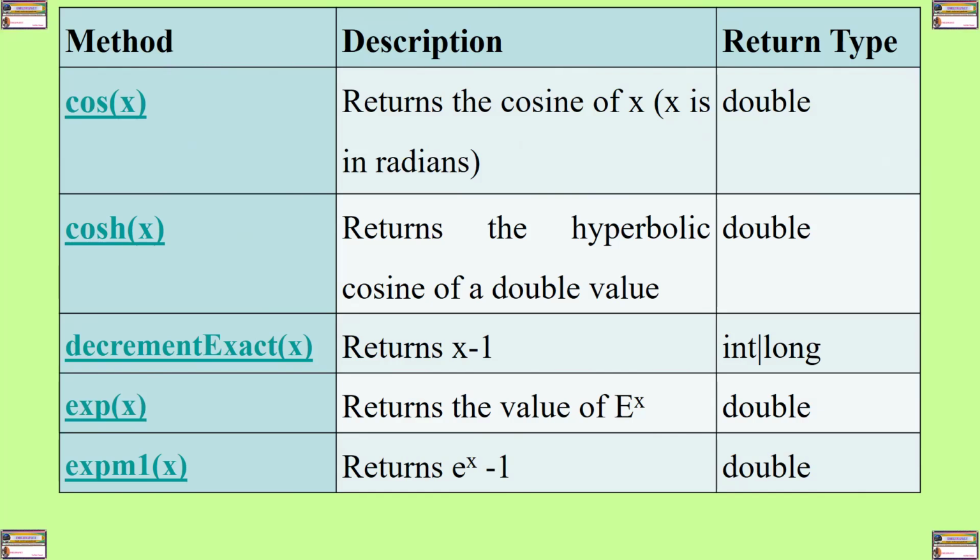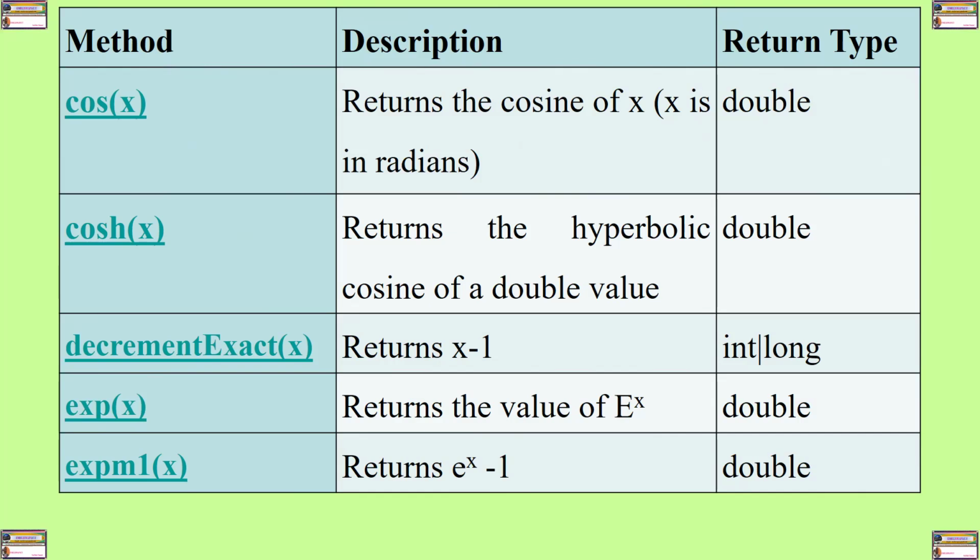Therefore, the type of data it returns is type double. We have decrementExact. If you pass a value to the decrementExact method, it will return that variable subtracted by 1. So the type of value it will return is of type integer or type long.